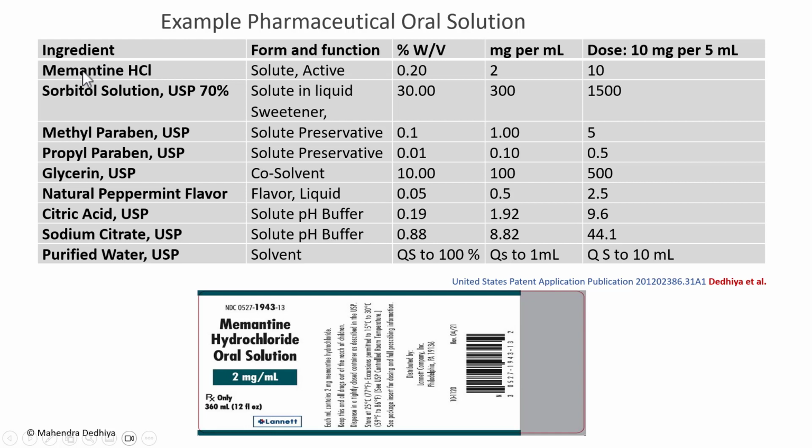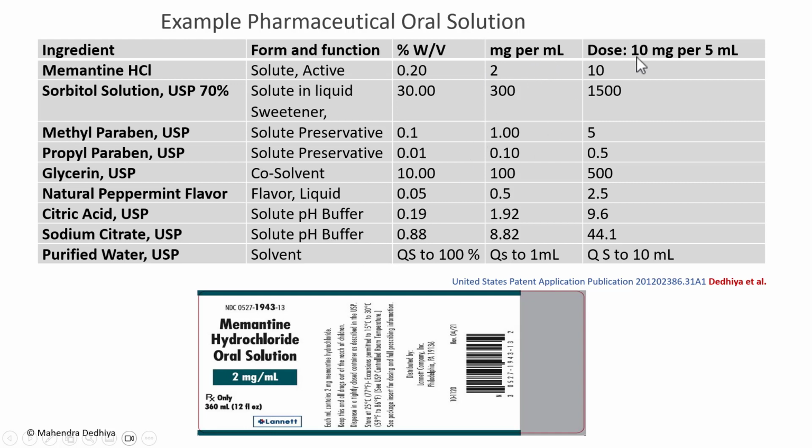Solubility includes memantine active but also other solutes which are in solid forms, in mixtures of glycerin and water. Percent weight to volume is provided here. Active is 0.2% weight to volume. That means it is 2 mg per ml.